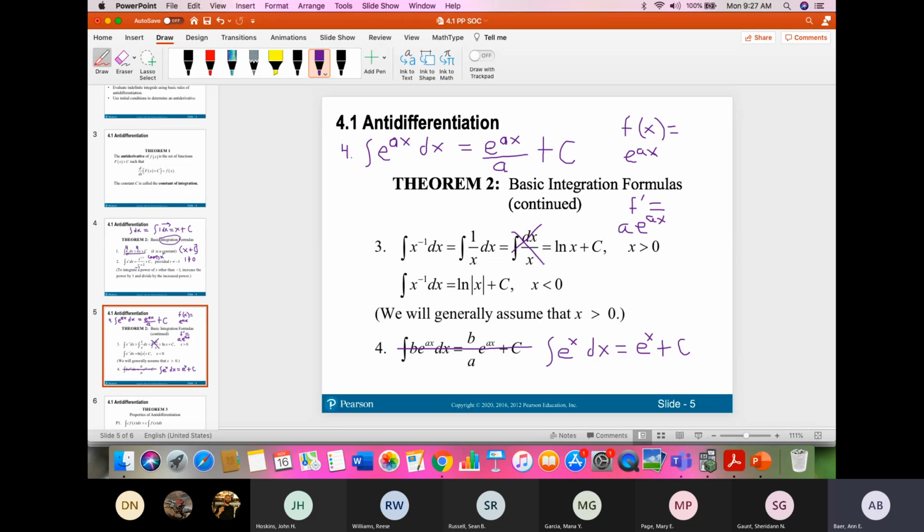I don't remember seeing it when I looked at the homework. And so we're looking for the original function whose derivative is 1 over x, and that is ln of the absolute value of x plus a constant.